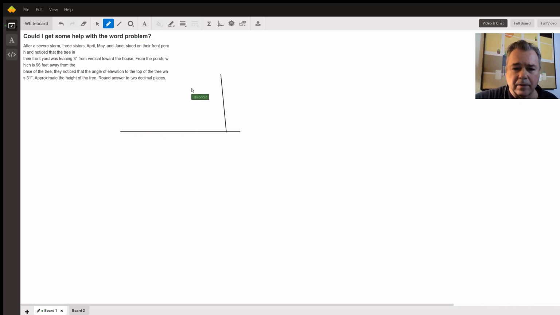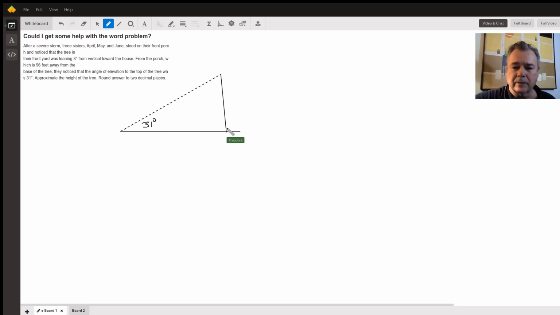And from the porch, when they look to the top of the tree, the angle is 31 degrees. So we will add that information here, 31 degrees for this angle.